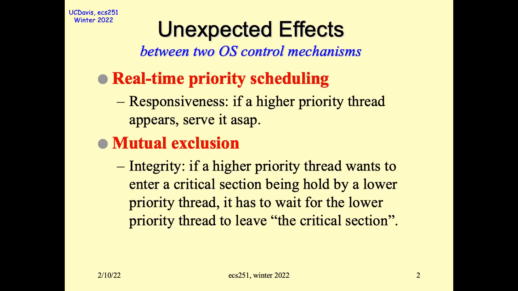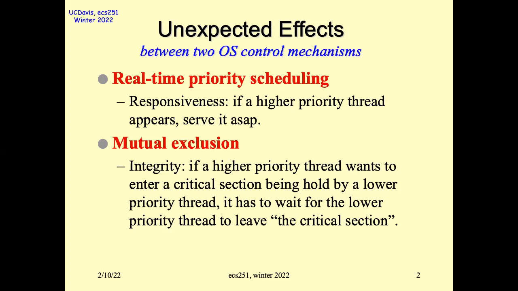The second mechanism, as I list here, is called mutual exclusion. You can consider this as a lock. Sometimes we use another form, the semaphore. Mutual exclusion essentially designates a period of time or a segment of code such that nobody else can get into that particular section.